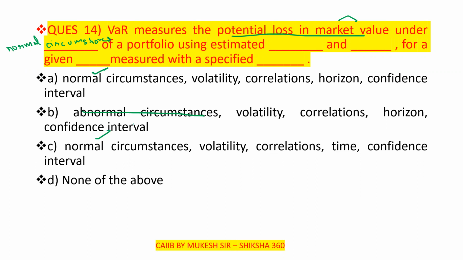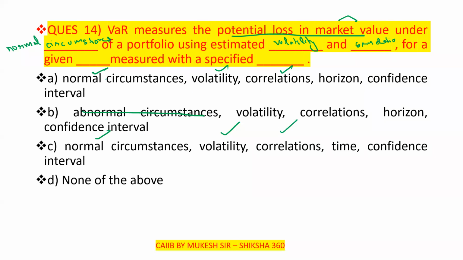Using estimated, what do they use? They use the estimated volatility and correlation. Clear. So this one is correct with this one.